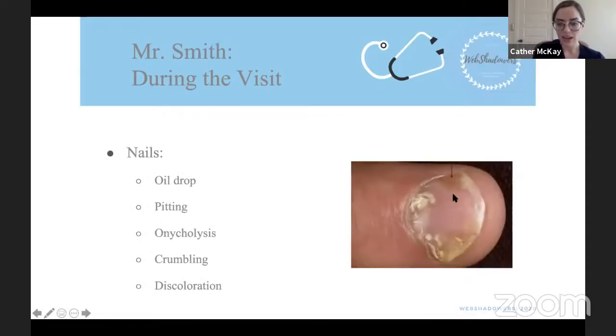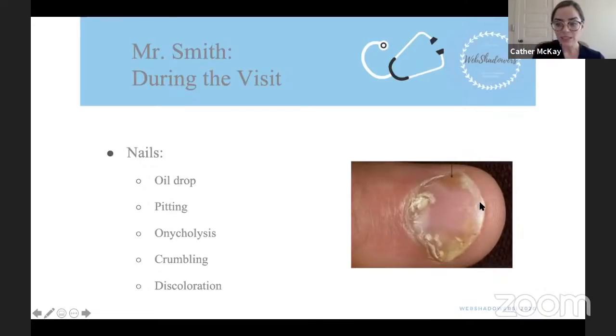And his nails, there's some changes going on. There's a lot of terminology involved in nail findings, but this is called an oil drop. This is called pitting, where you have literally little pits.